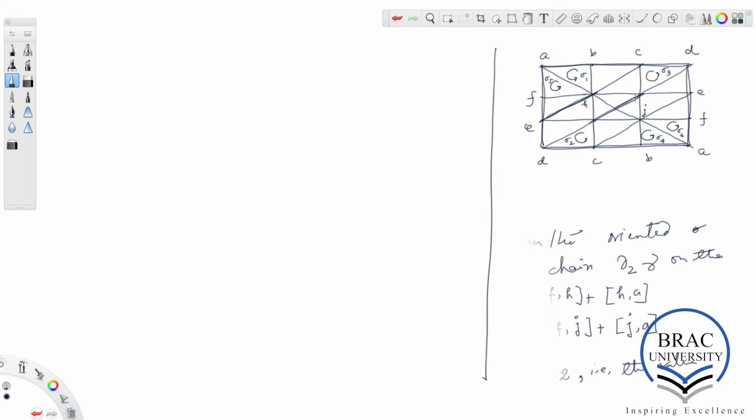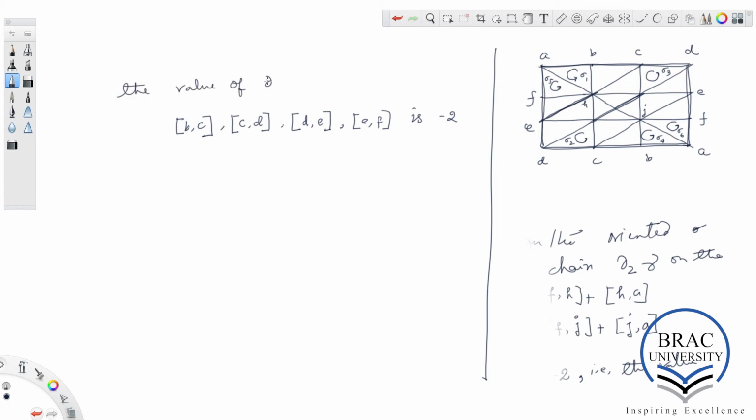And the value of the one chain del 2 gamma on each of the other oriented one simplices along the boundary L, like B comma C, C comma D, D comma E, and E comma F, is minus 2.